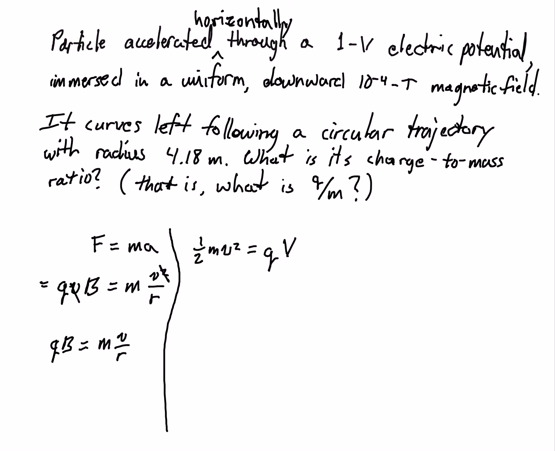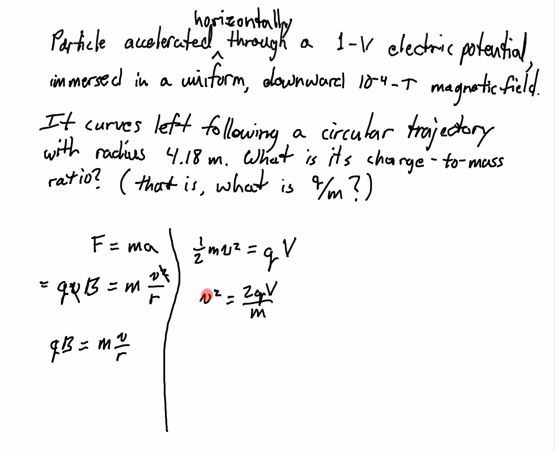Using the fact that this particle was accelerated through a 1-volt electric potential, we can equate the electric potential energy it gains with its kinetic energy. This is an application of conservation of energy. We've assumed here that the particle started from rest.